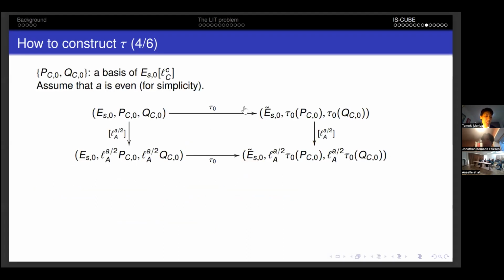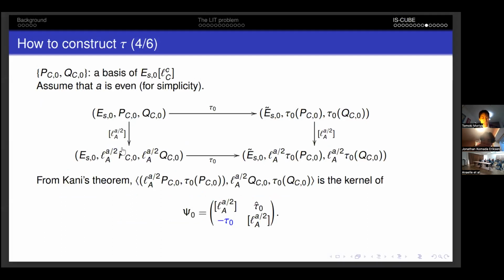The answer is using Kani's theorem. Let P_C0 and Q_C0 be a basis of E_S0[L_C^C]. And here we assume that A is even for simplicity. Then we can find this SIDH diagram. The horizontal maps are tau 0, and the vertical maps are scalar multiplication by L_A^A over 2.